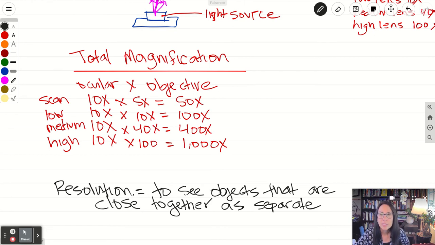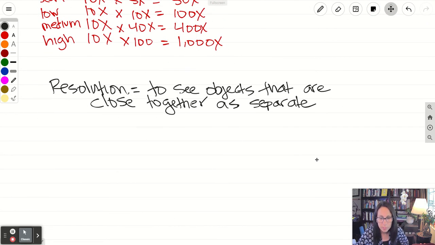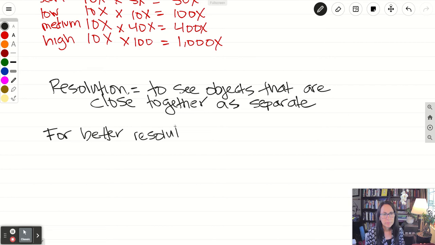There is another trick with microscopes that we use for better resolution, and that is we stain the specimen. So for better resolution, sometimes we stain the specimen.